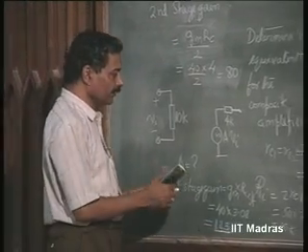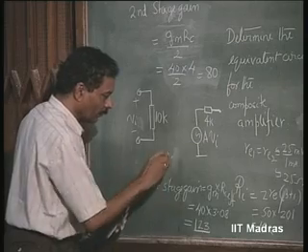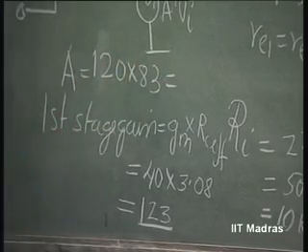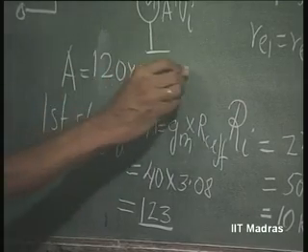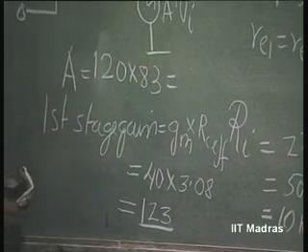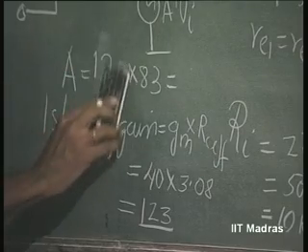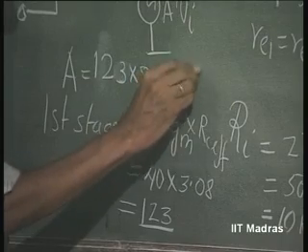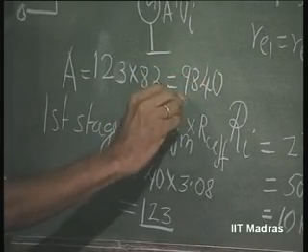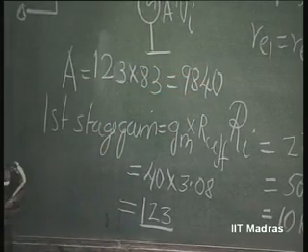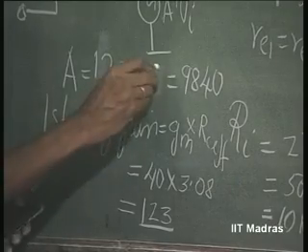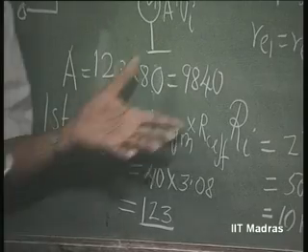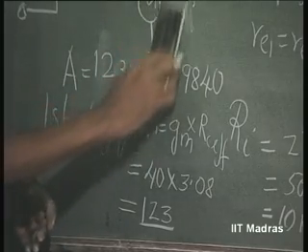So, A is really speaking equal to 123 into 80, which is 9840. Pardon? 123 into 80. Yeah. So, how much is that? 9840. Okay. 123 into 80. So, 9840, right.